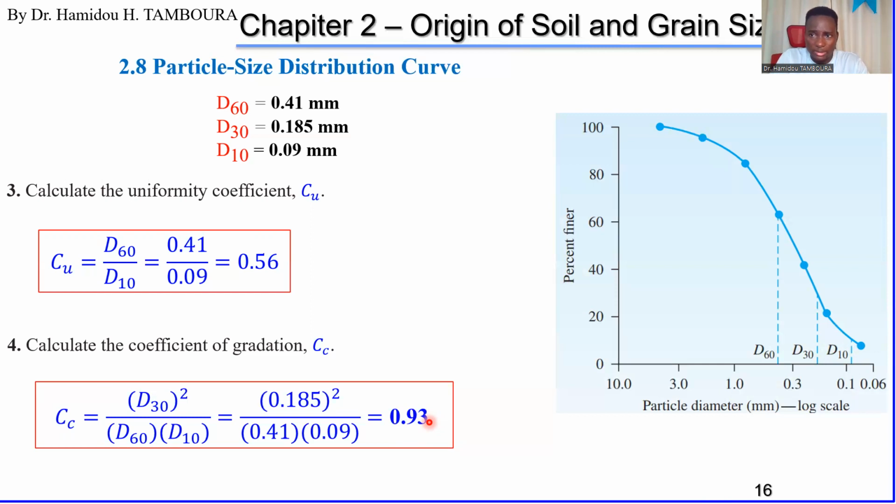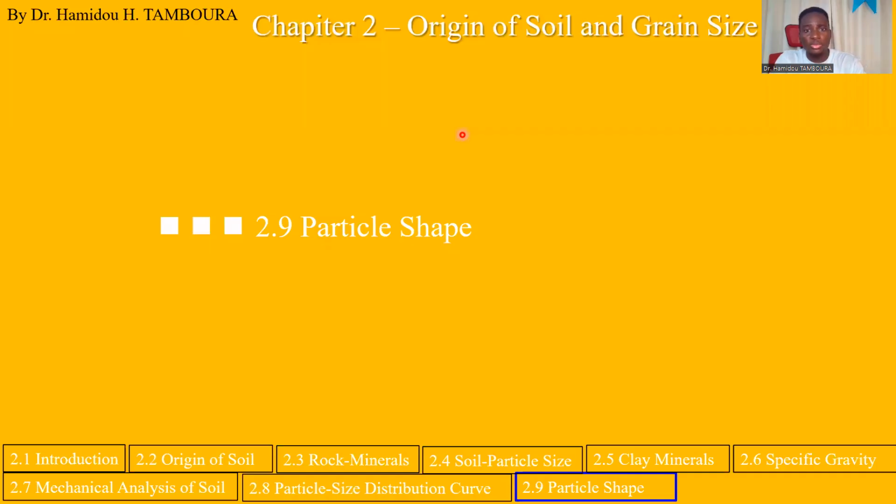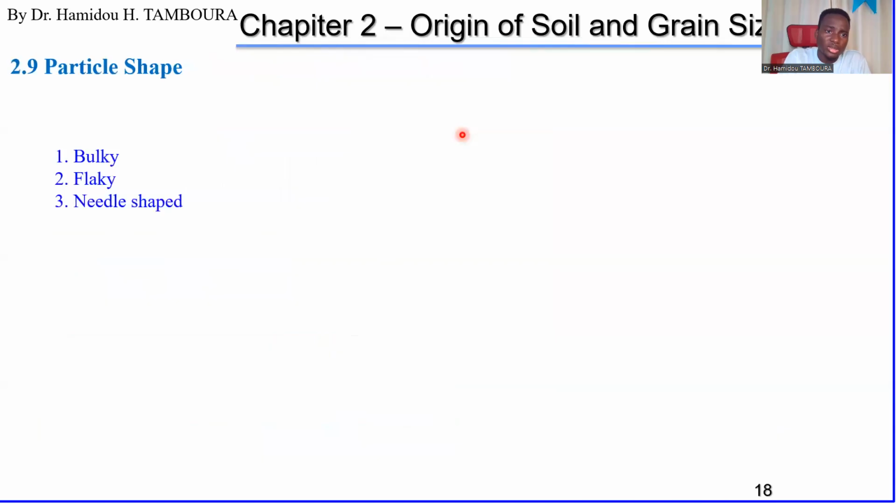So all about the particle size distribution curve. I hope you have learned something about this. Everything, all information we can obtain from the particle size distribution curve, you know now. So let's move to the shape of particle. This part actually is really neglected in geotechnical engineering.